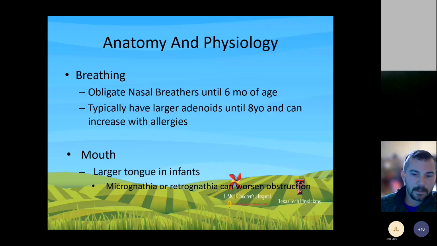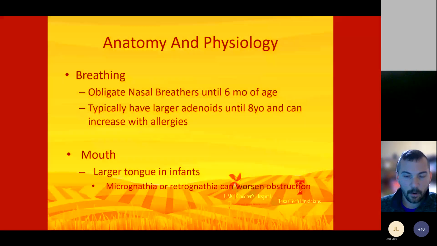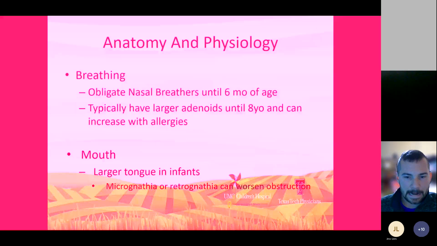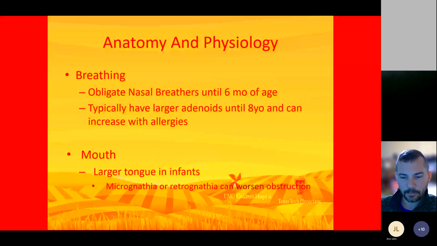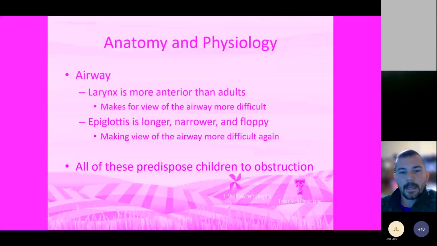In the mouth, again, the tongue could be larger. It also could be smaller. The micrognathia in Pierre Robin means the jaw is more posterior, and the jaw could be more posterior with certain disorders. And so all of those can affect the airway of the infant or toddler or child. Those are things to keep an eye out for.